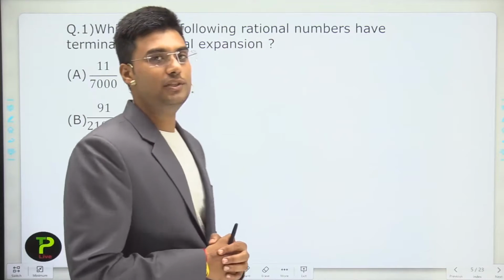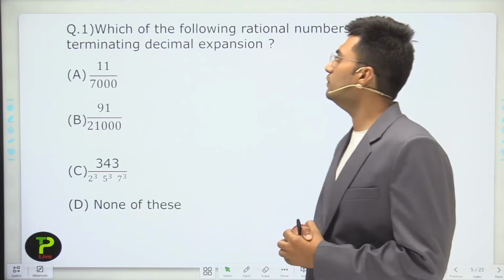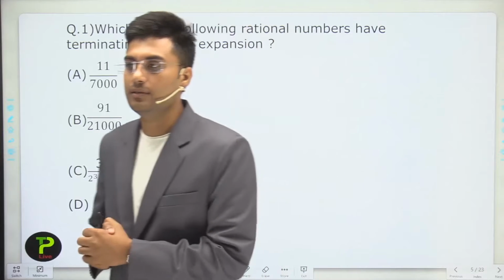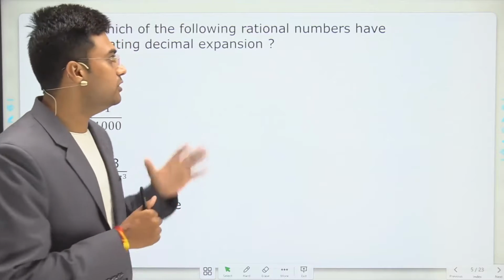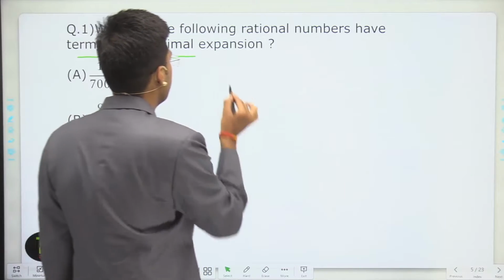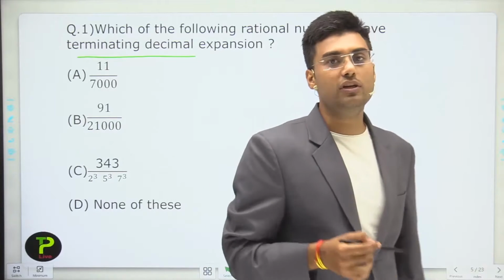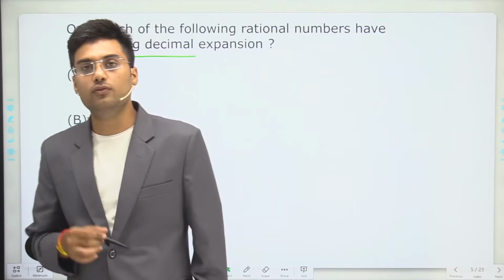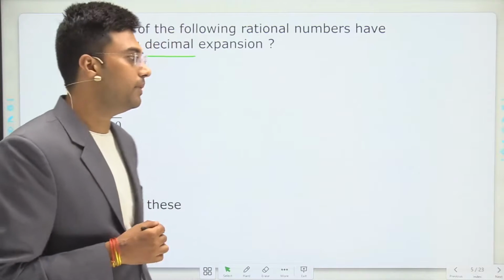Okay, so the first question is, which of the following rational numbers has a terminating decimal expansion? We know that for a terminating decimal expansion, the denominator should be in the form of 2 power m multiplied by 5 power n.